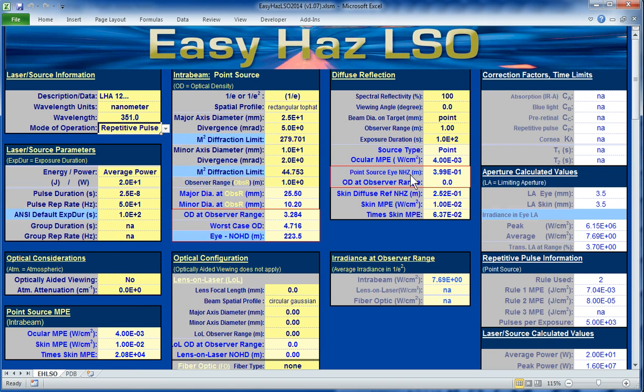But do notice here that the NHC is greatly reduced to only about 0.4 of a meter. So we might have a different consideration for when we run this laser if other people are in the laboratory, we might not need certain control measures for people in the laboratory when we're running at the wavelength of 351. But if we switch to 248, bigger NHC, a diffuse reflection, we would have different control measures for people in the laboratory. Okay.